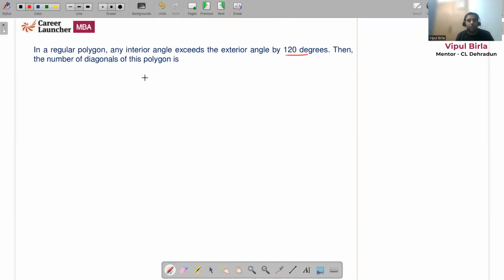We know that in a regular polygon, or any polygon, interior angle plus exterior angle is equal to 180 degrees, and interior minus exterior is 120, which gives me, subtracting the second from the first, twice the exterior angle is equal to 60. So the exterior angle is equal to 30 degrees.